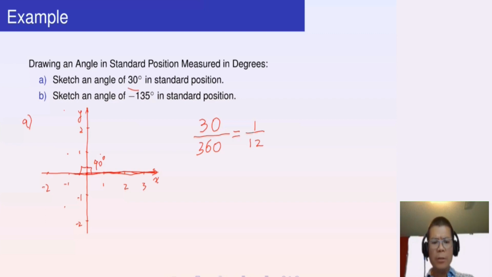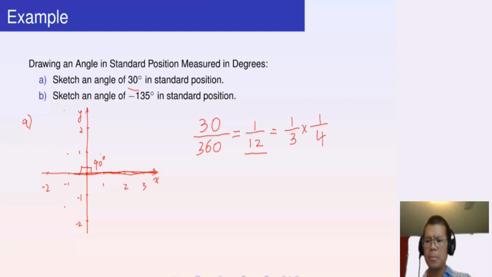We know 90 degrees is 1/4 of a full circle. So it's better to write this 1/12 as a fraction of 1/4. What fraction of a quarter is 1/12? It seems like we can do 1/3 times 1/4.